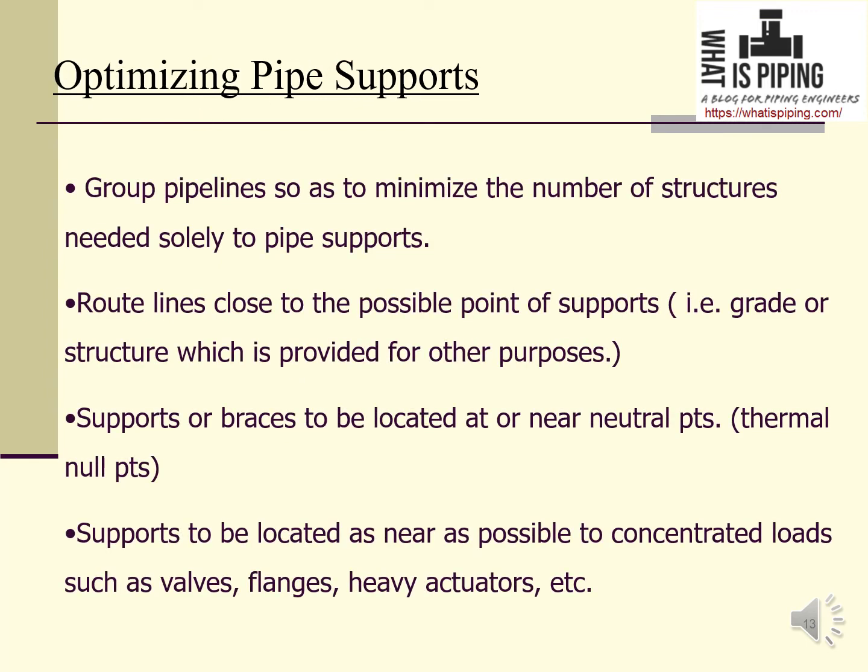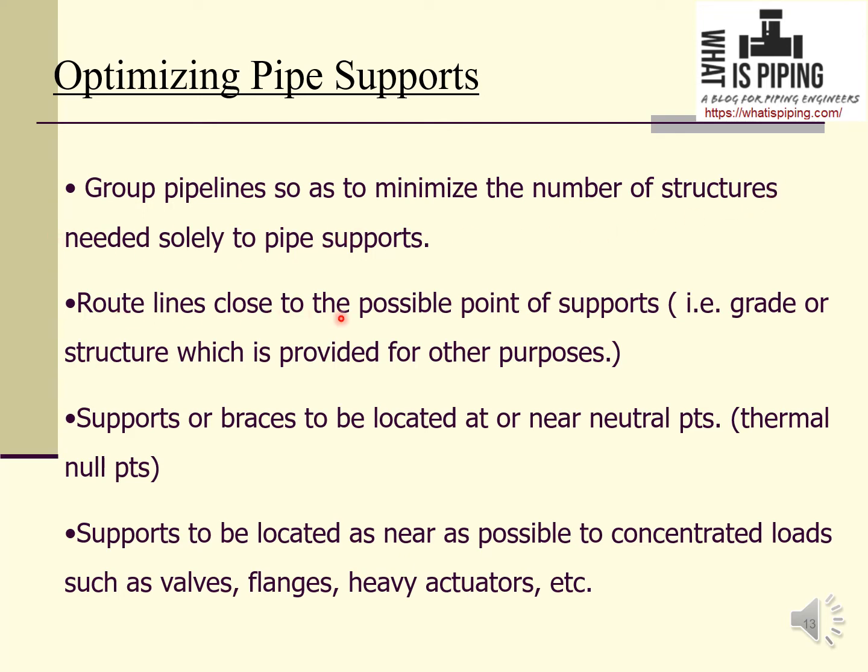Now optimizing pipe supports. So these are actually guidelines so that piping supporting can be optimized. So we can follow these guidelines for optimization of piping support. So what are these guidelines? First is group pipelines so as to minimize the number of structures needed solely for pipe supports.